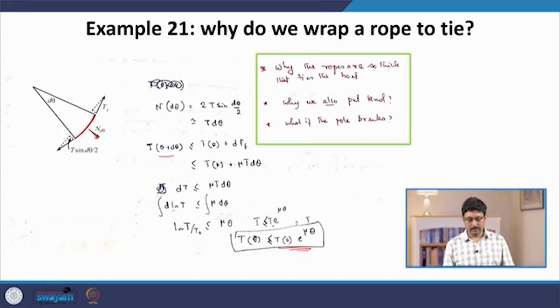But what is important is that this happens in an exponential way. This is the important result from this calculation: if we look at one slice and do the force balance, what we get is that the difference in the tension on the two sides, which is due to friction, turns out to be exponential in theta. This is the crucial part, which is why wrapping the rope around the pole is very effective.